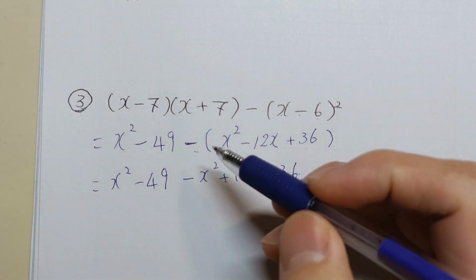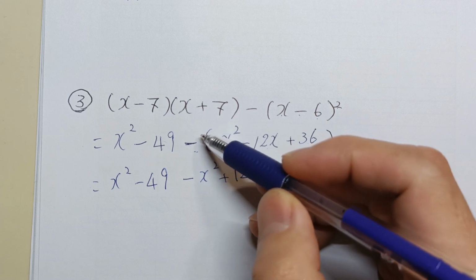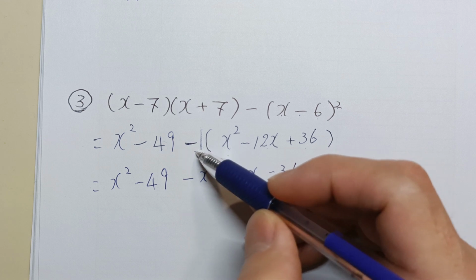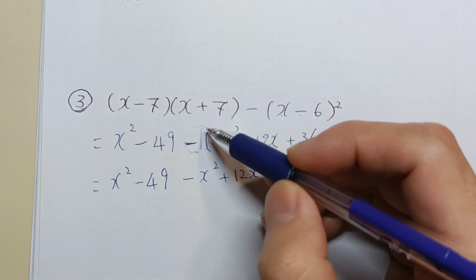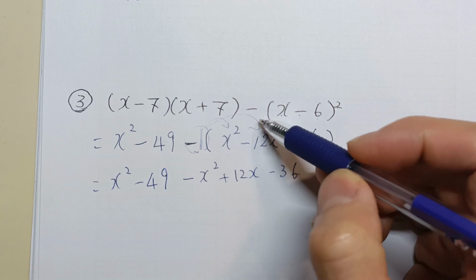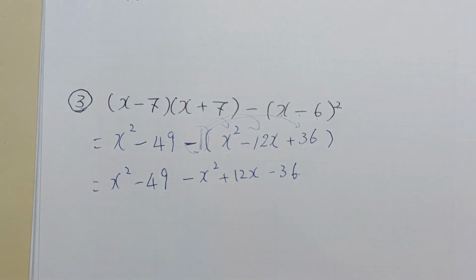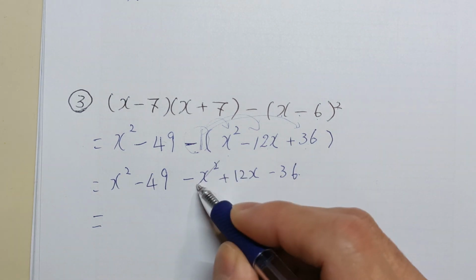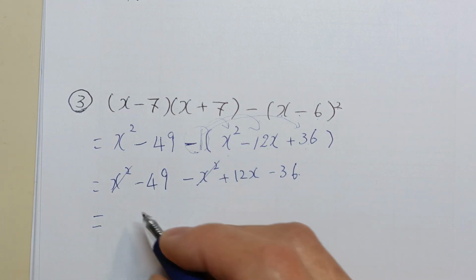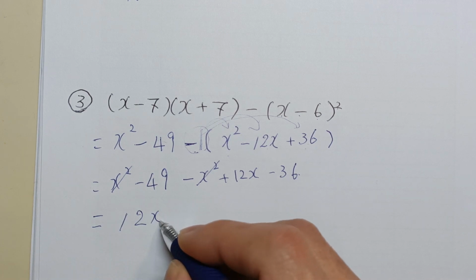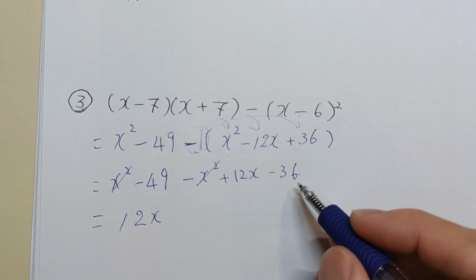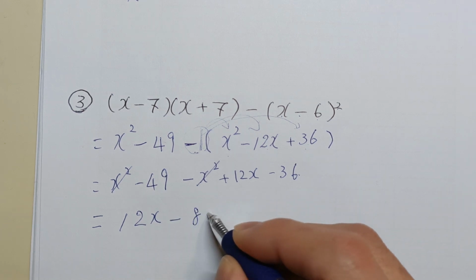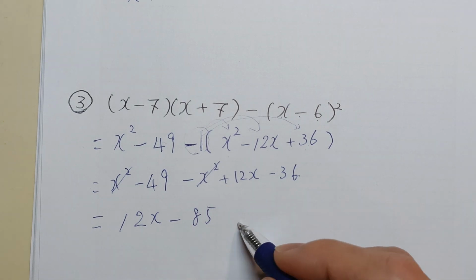The easier way to think is you can always think there is one hiding here, -1. So we have to times -1 for all of them to expand this bracket, okay? Then we are looking at like terms, cancelled, and this one is alone, and then -49, take away -36 is -85. This is the answer. Done.